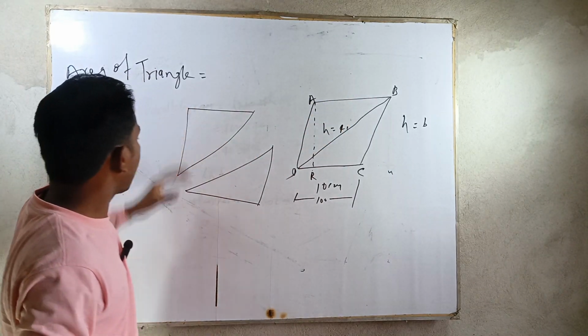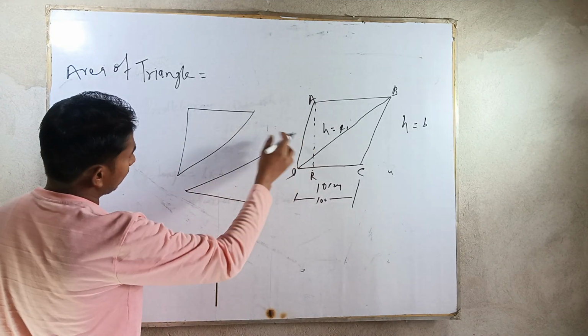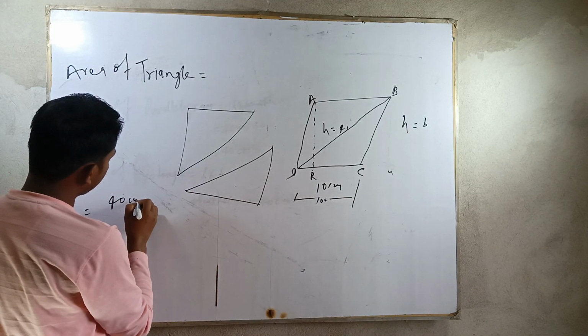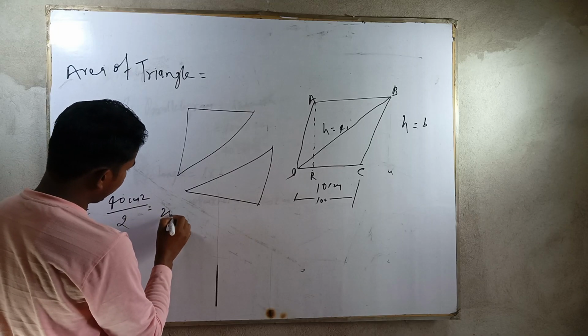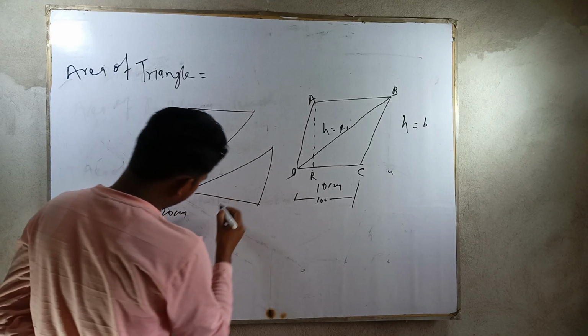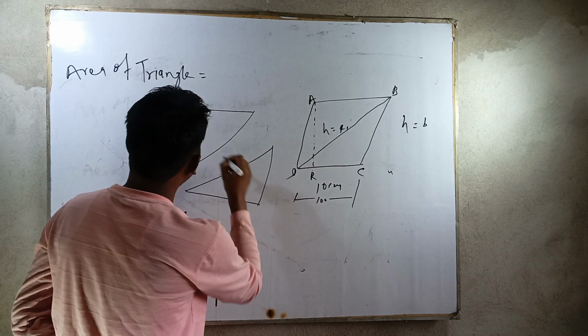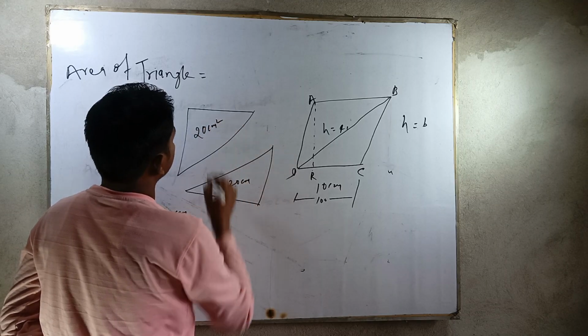So in this figure, if its area is 40 centimeter square, and I divide by 2, then it will be 20 centimeter square. That means this one's area is 20 and the other triangle is also 20 square centimeters.